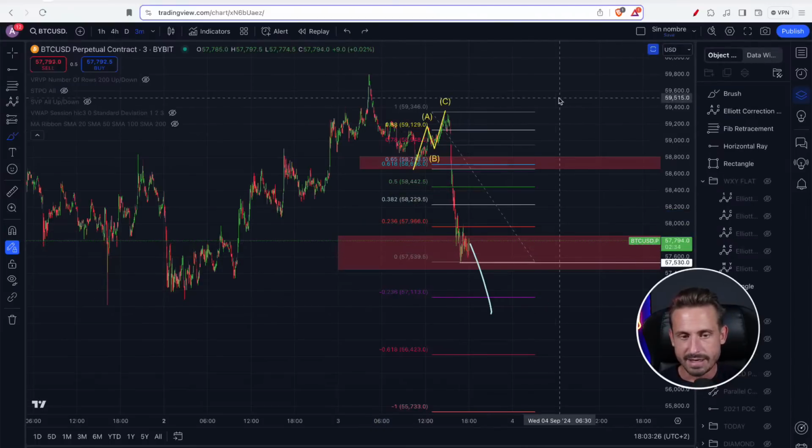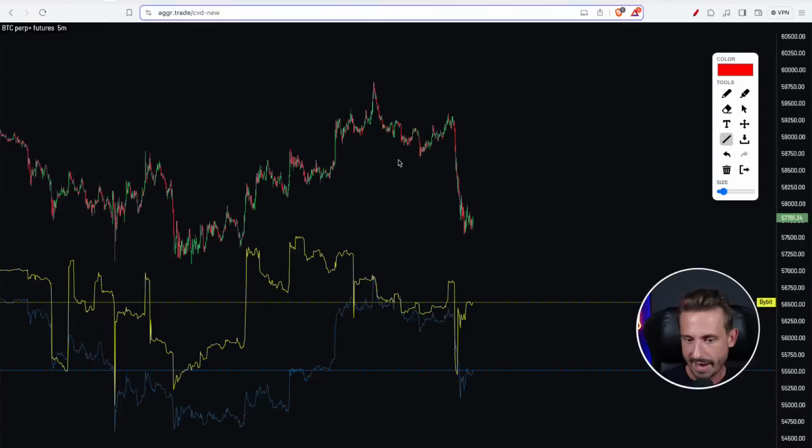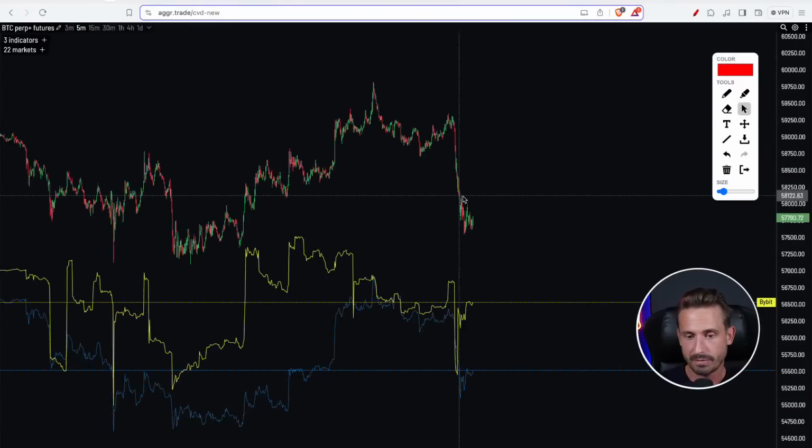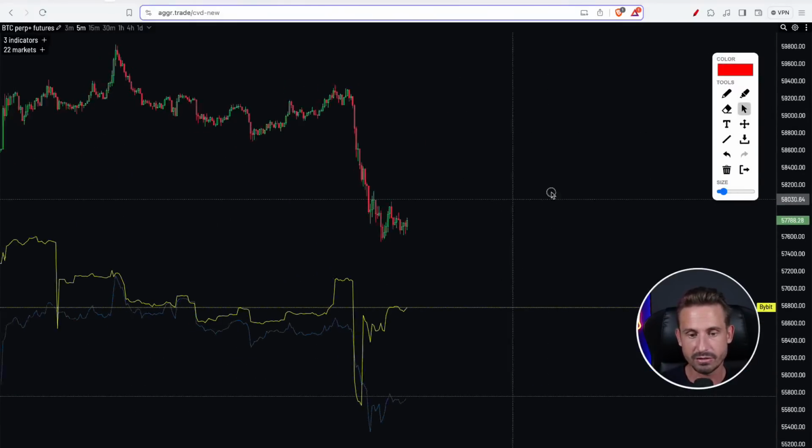So, like I said, if these bearish CVD divergences play out, which they should, this is where we come with the strategy.